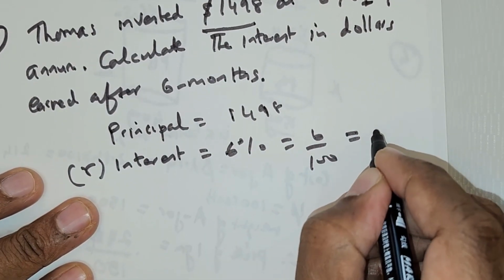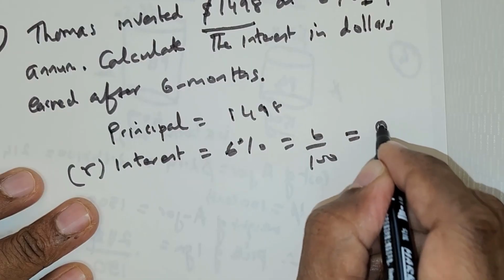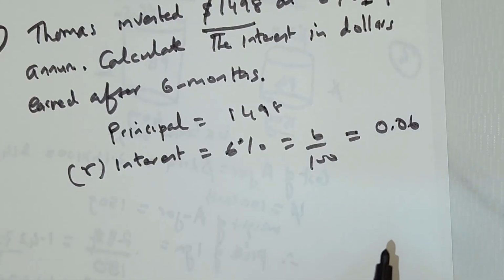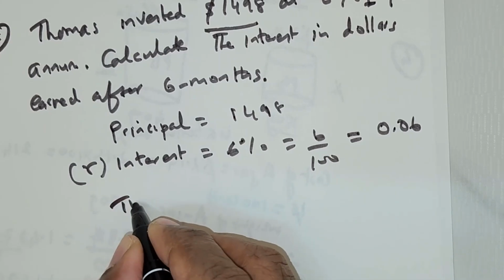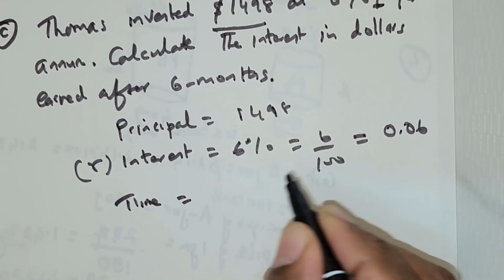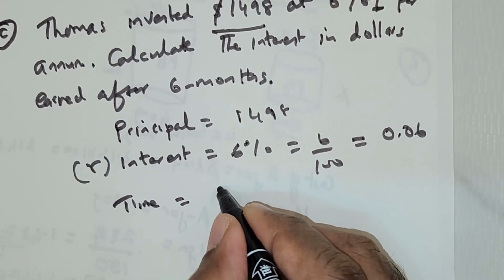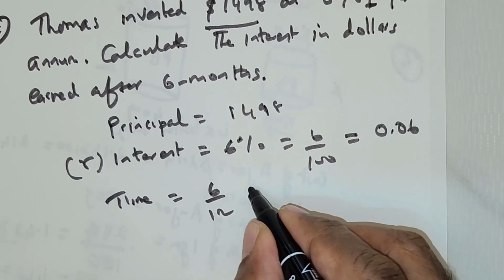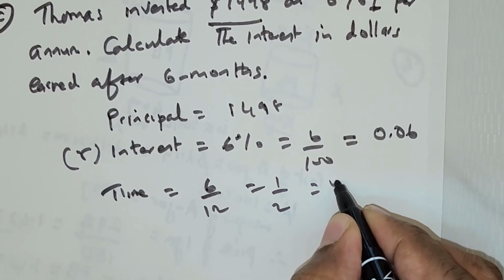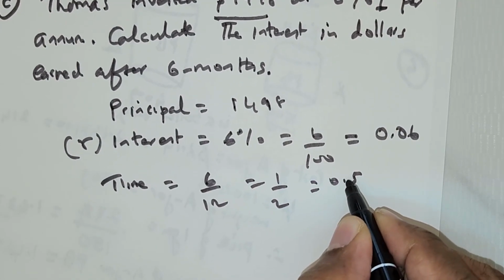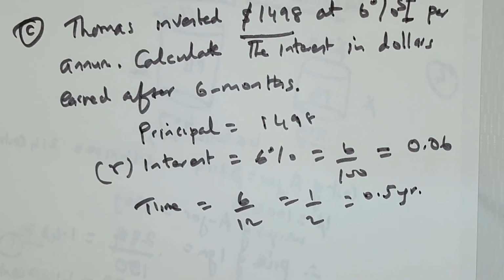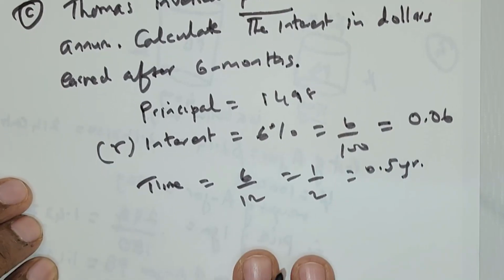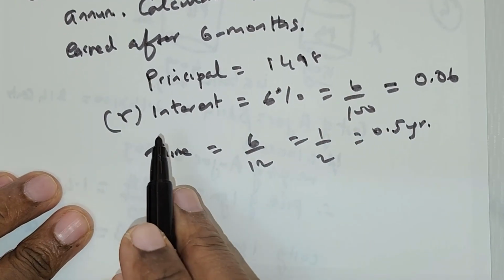If you divide 6 by 100, you will get 0.06. Okay, so next is the time. The time, it says 6 months, right? So 6 divided by 12, that's 1/2, which is 0.5 years. Okay, so we have to use all of this in our formula. So now we will have to substitute all of these.